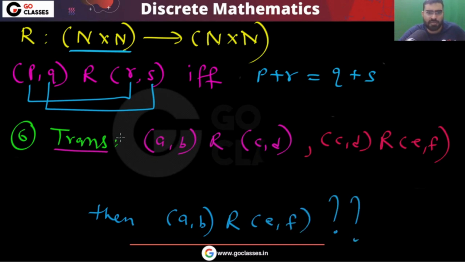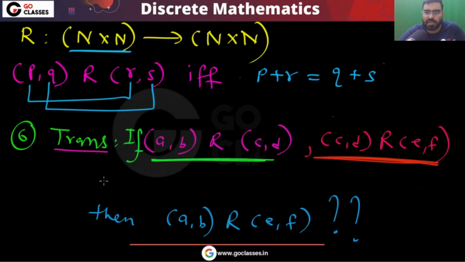If these two happen, then can I say A comma B will be related to E comma F?